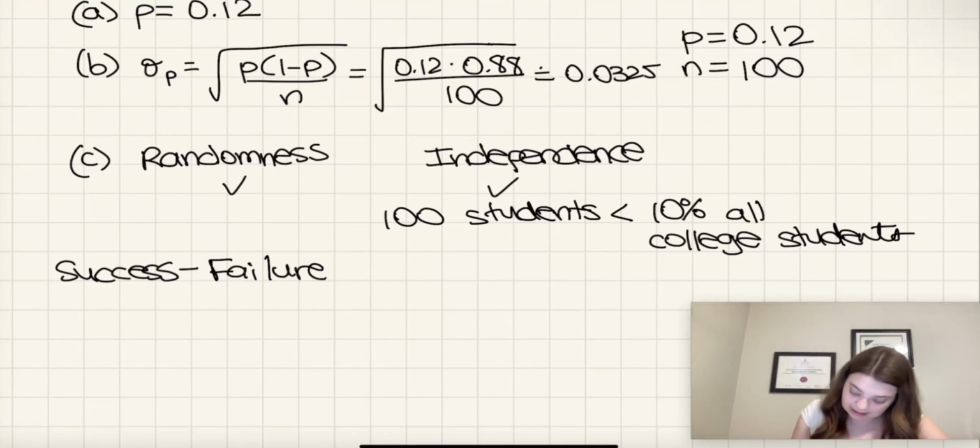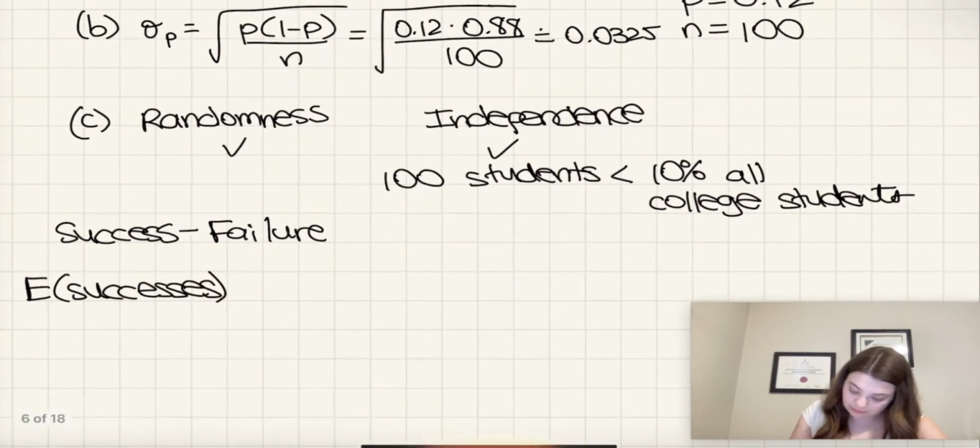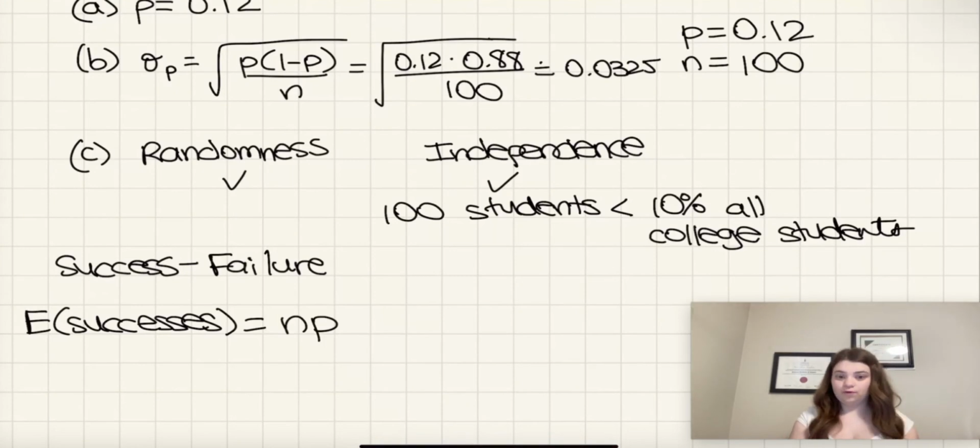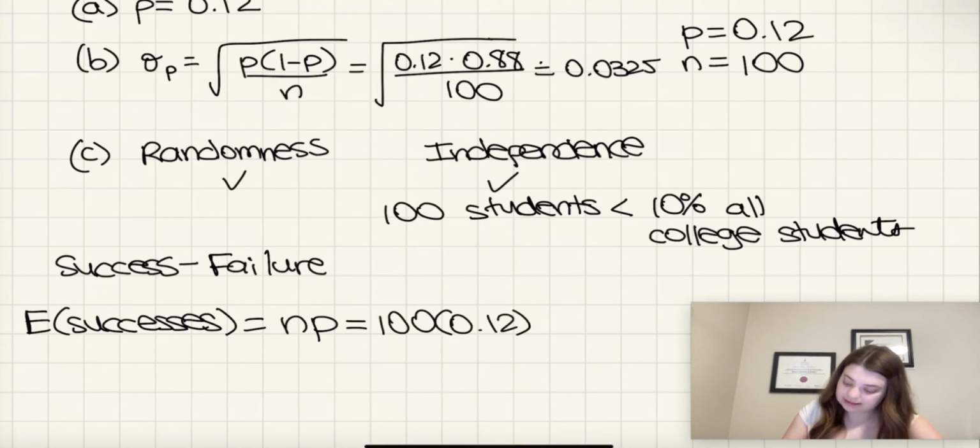Well, E of successes is going to be equal to n times p, right? So, the number of overall students times the probability of one success.